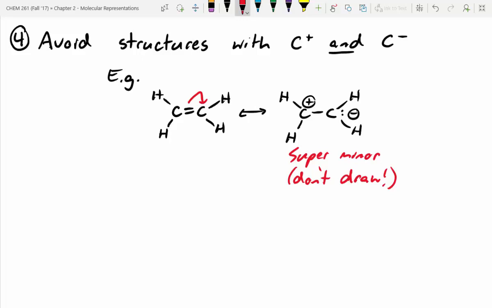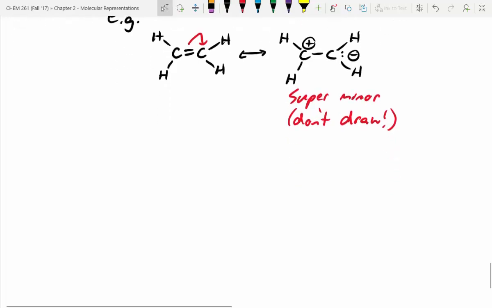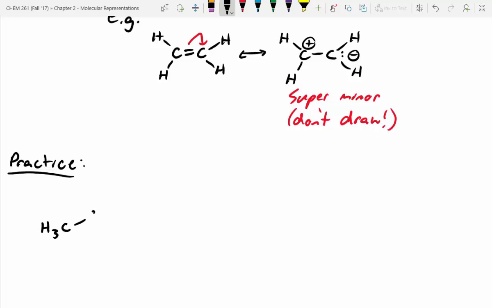All right, so let's do some practice. What I want you guys to do is to draw the resonance structures, all of them that are available, for this compound right here, where the carbon on the right has a negative charge.